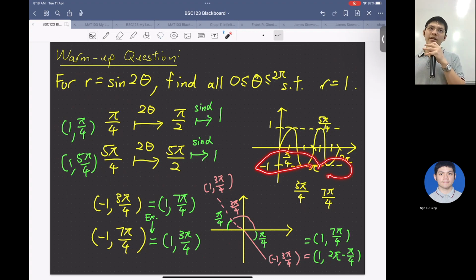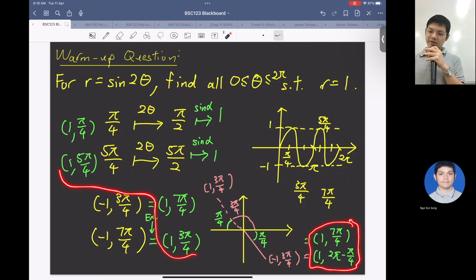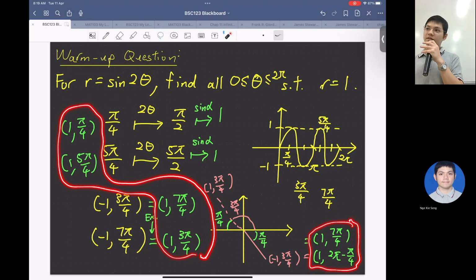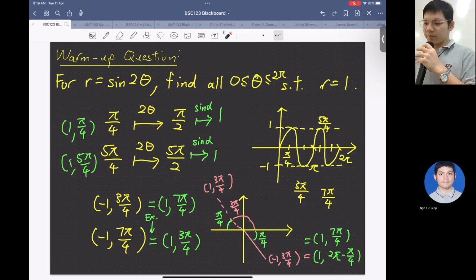And then it turns out that they are really different points. Can you see it? You need to compare them when they are radius 1. What do I mean by they are the same?